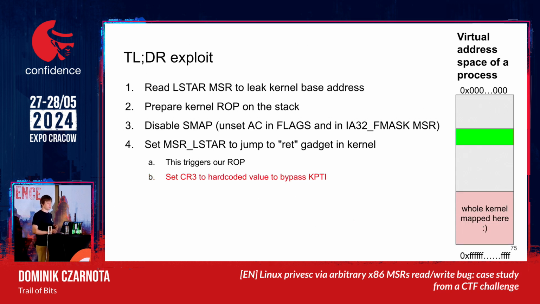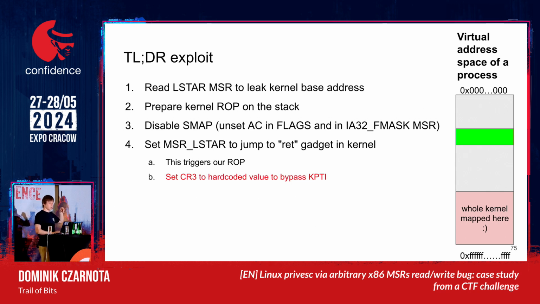What we want to achieve is to have so much code from the kernel and so many gadgets, those small assembly instructions that end with ret, that we would be able to reuse. And for doing that, we need to use the CR3 register. That's what I showed you before: when we enter the syscall, the CR3 register is changed to some other value, and then the whole kernel is mapped. That's what we want to achieve in the end.